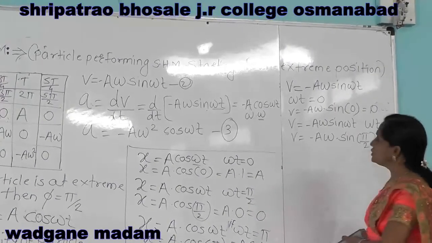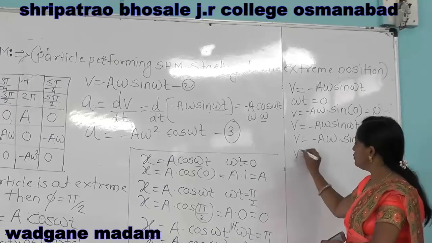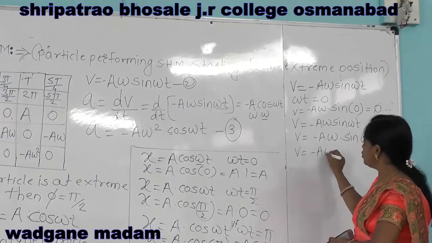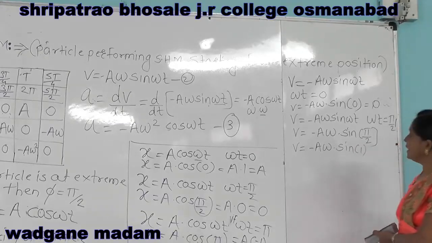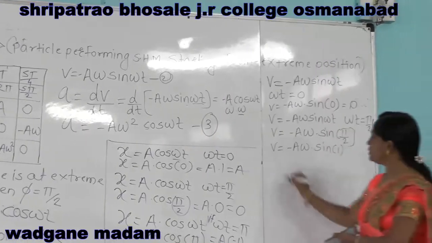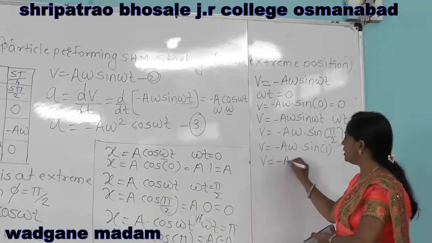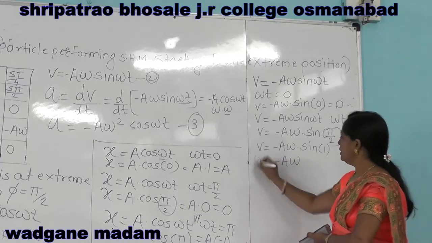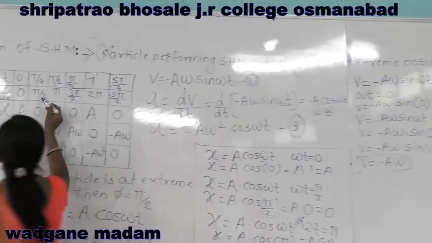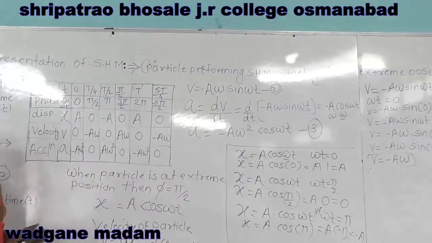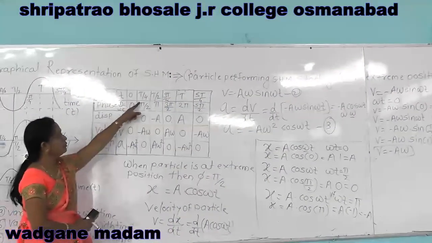When the phase is pi by 2 and the time interval is T by 4, velocity v is equal to minus a omega sin pi by 2. Sin 90 is equal to 1. Therefore we get minus a omega at phase pi by 2 and the corresponding time interval T by 4.